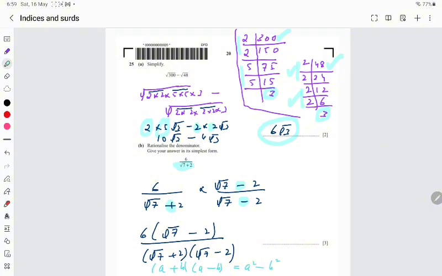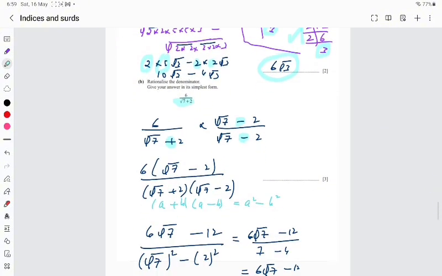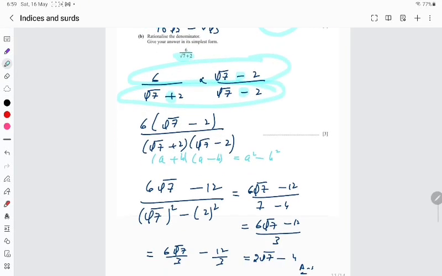This is the step. Always change the middle sign. And then multiply numerator by numerator, denominator by denominator. In the denominator, we have a plus b, a minus b applicable. That is the shortcut; if you do the long method, you get the same answer.